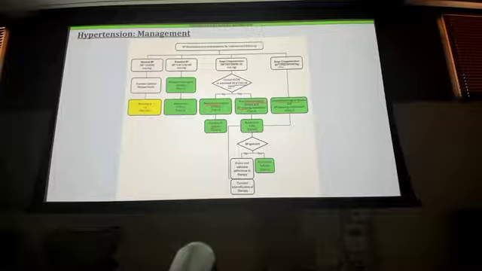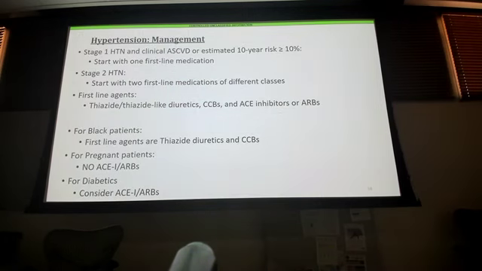If not, getting them down to goal, then we need to add additional medications or increase dosages to those meds. And this is just kind of a quick summarization of that algorithm. So stage 1, do this, stage 2, do this, first line we already talked about.